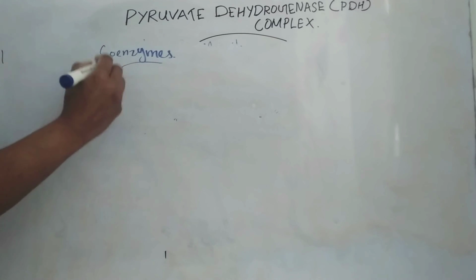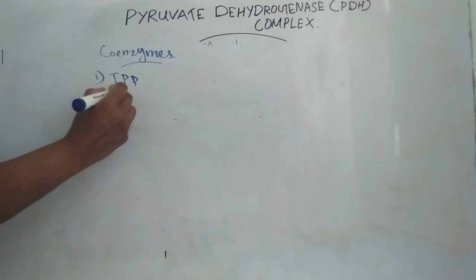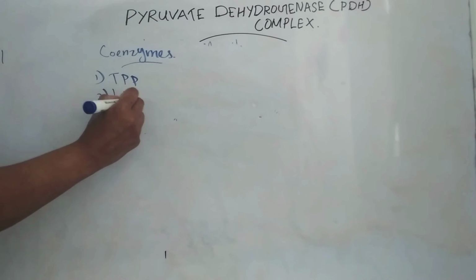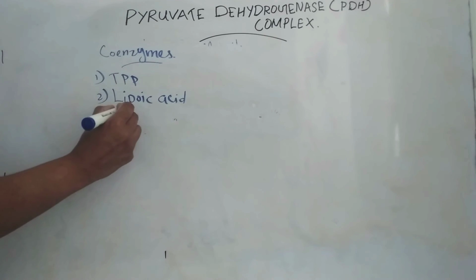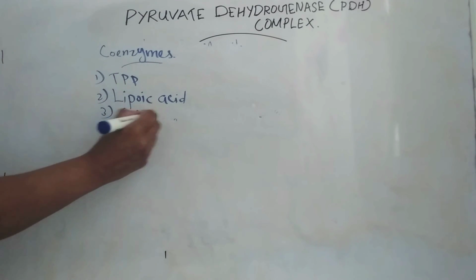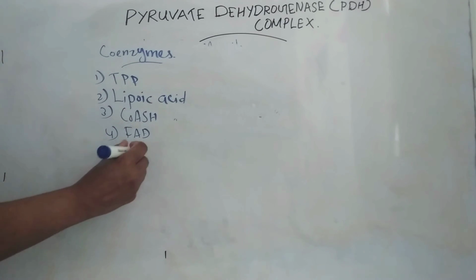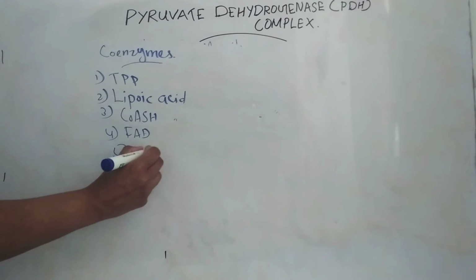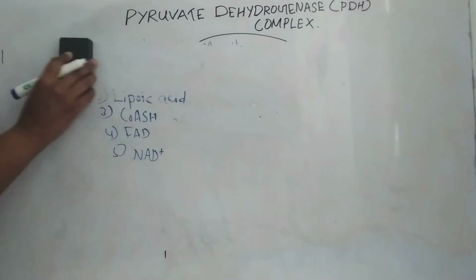First one is thiamine pyrophosphate or TPP. Second one is lipoic acid. Third one is CoA-SH, then FAD and NAD+. These are the 5 coenzymes of this pyruvate dehydrogenase complex. So, let us see the steps.